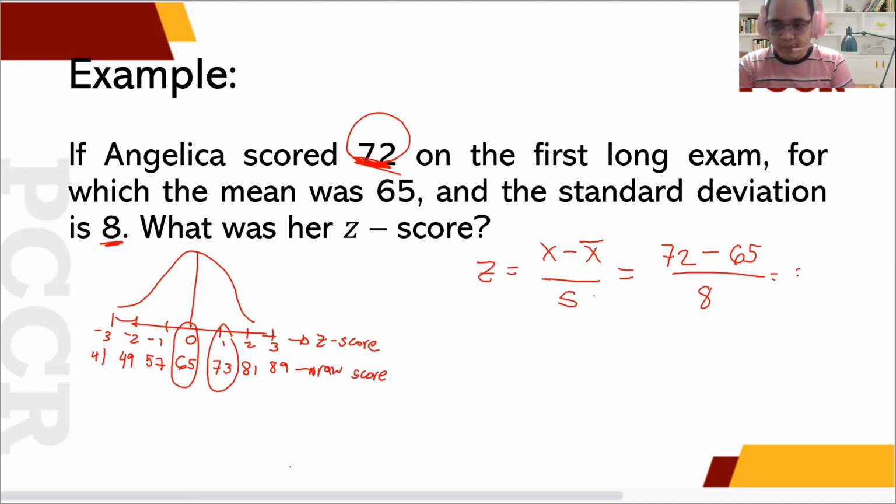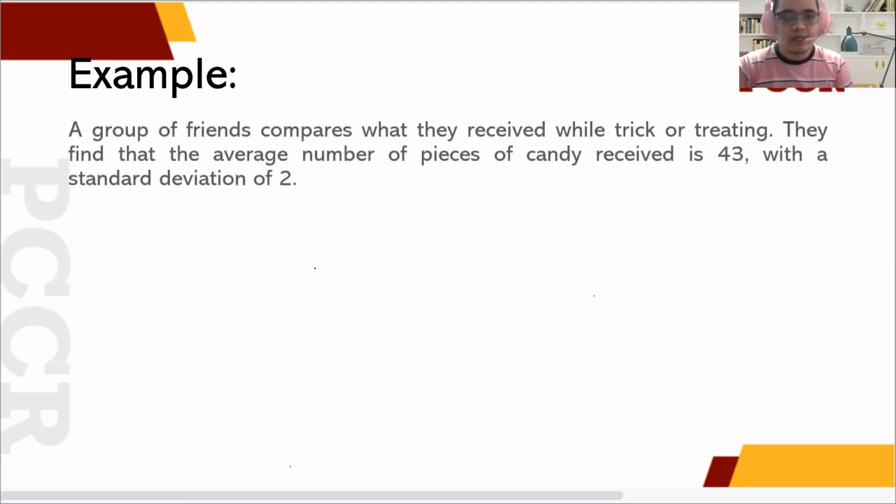So the answer will be 0.875. Which is logical since 0 corresponds to 65, and 1 corresponds to 73. So 72 should be just between them and close to 1. So we have 0.875.